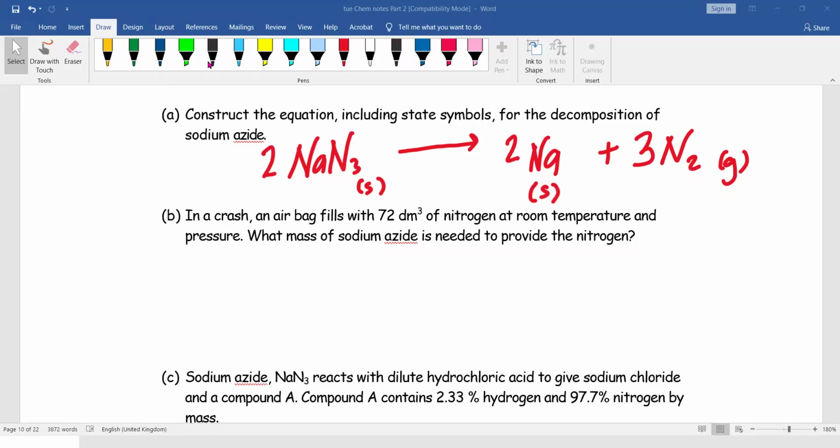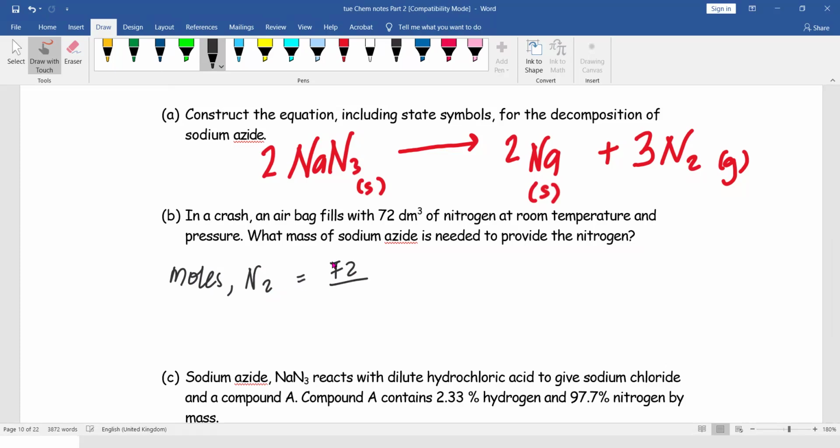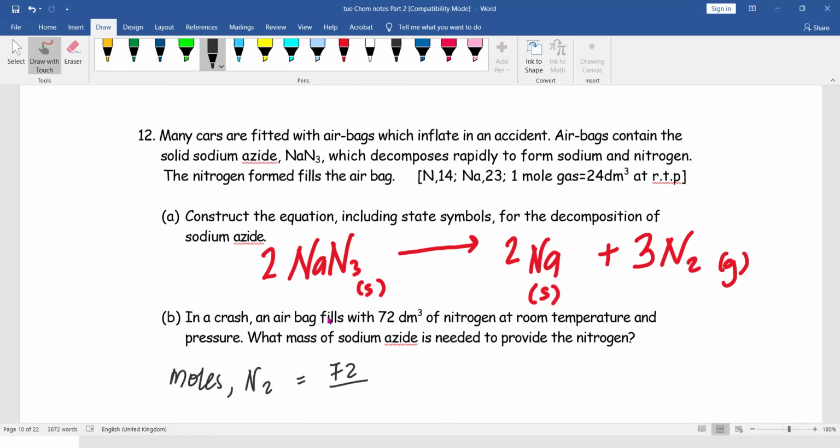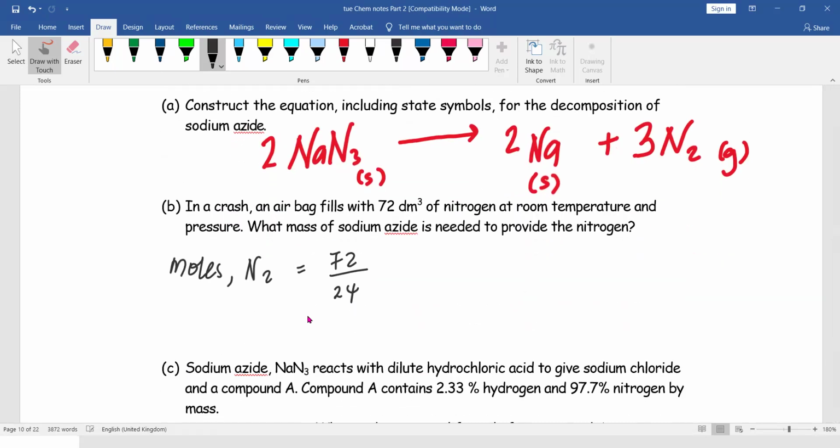All right. So first, we find the amount of moles of nitrogen. 72 over 24. How many moles is that? So if this is 3 mole, this is 2 mole. Right or not? So the mass of sodium azide is 2 times. Huh?